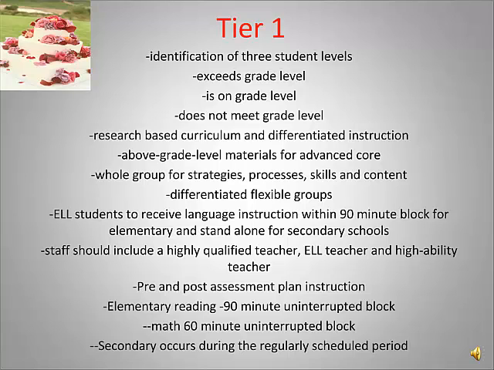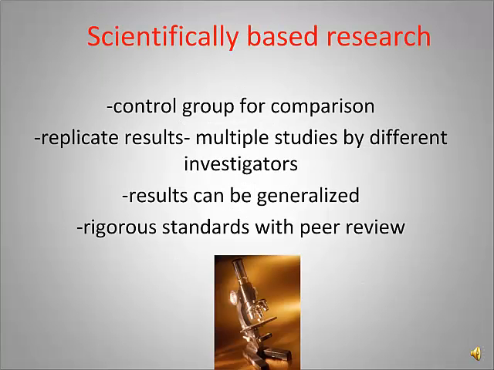A lot of things appear to be scientifically based, but they may not be for the grade level, or they may not have a control group, which is really important, because if there is no control group, there's nothing to compare it to. The research needs to have been replicated in multiple studies. The information needs to be generalizable to a larger population, and it needs to have been peer reviewed.